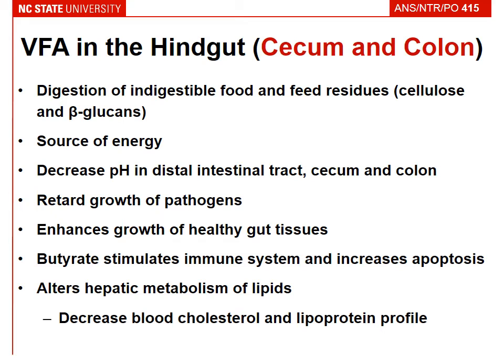They typically end up utilizing the cellulose and beta-glucans that are left over. Remember, the majority of host animals are unable to synthesize or produce cellulase, which is going to break down cellulose.